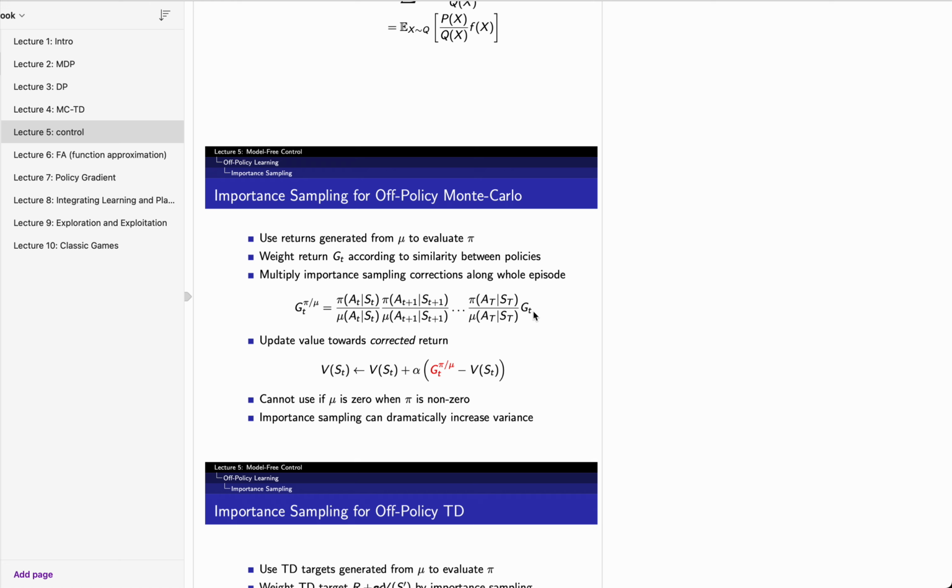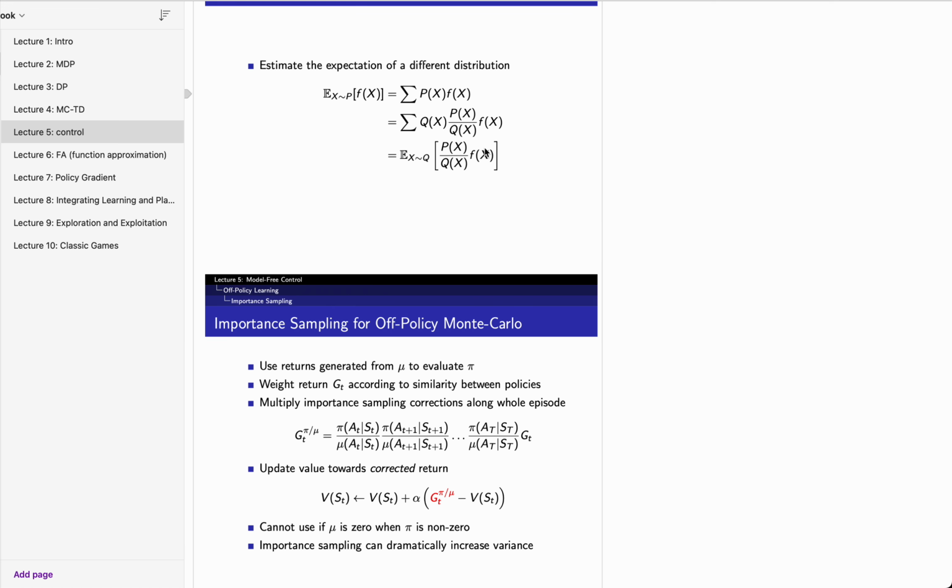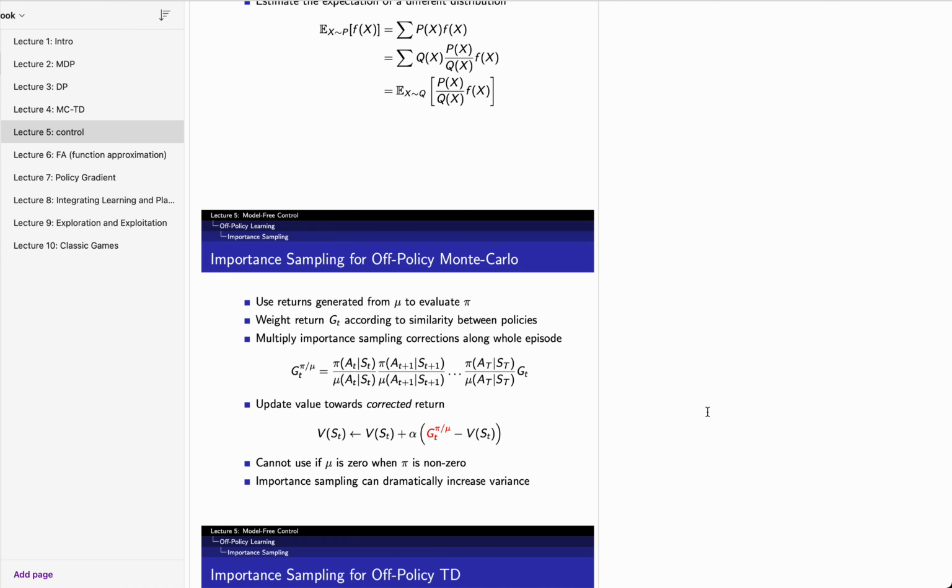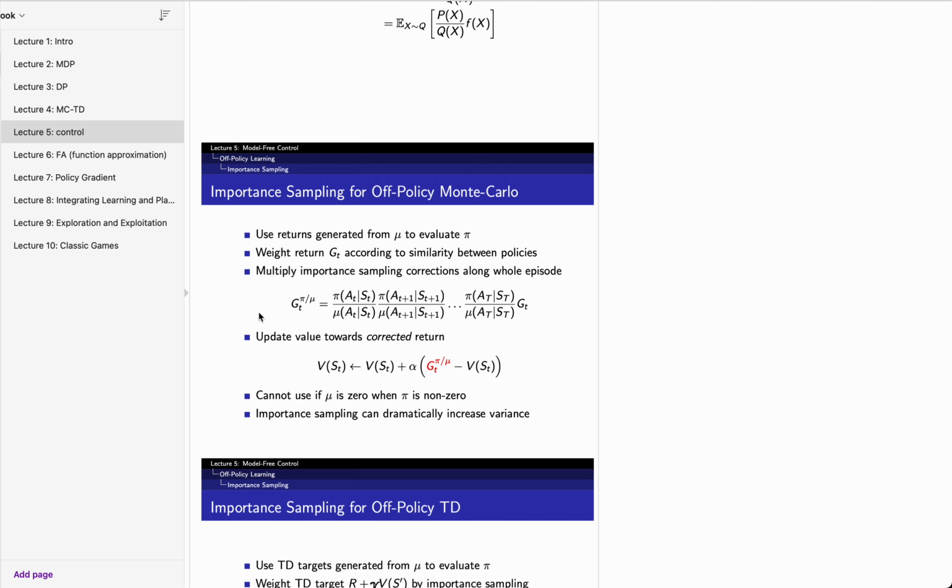You're going to update G_t times pi divided by mu at time step t, times the ratio of the next time steps, all the way to the terminal time step. So it's basically just multiplying by the ratio of these two probabilities, and using that return to replace the TD target.